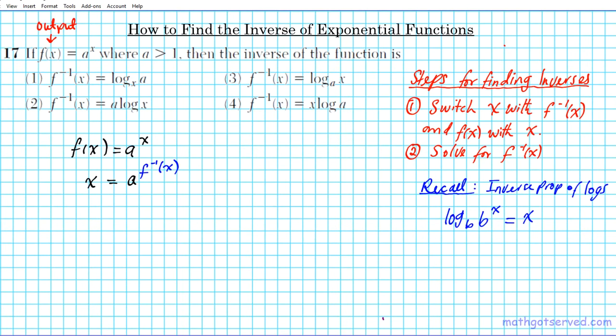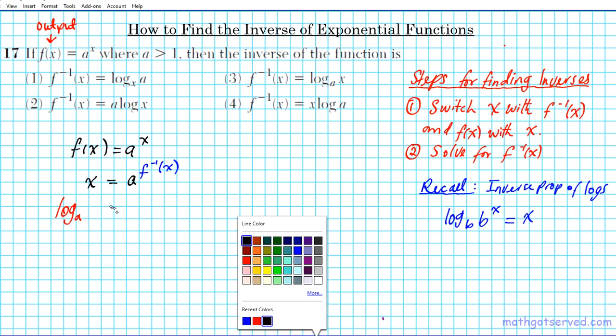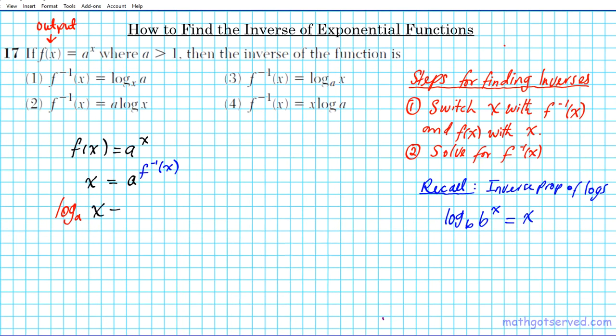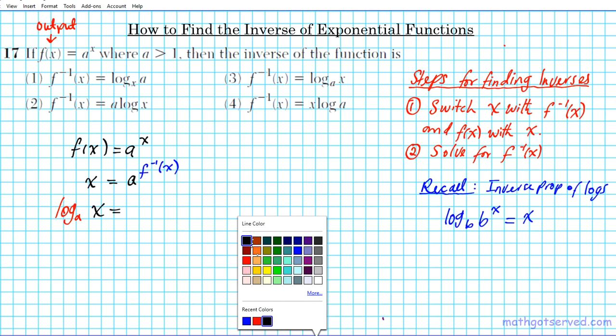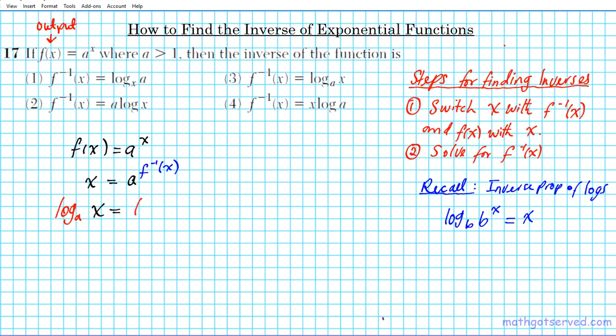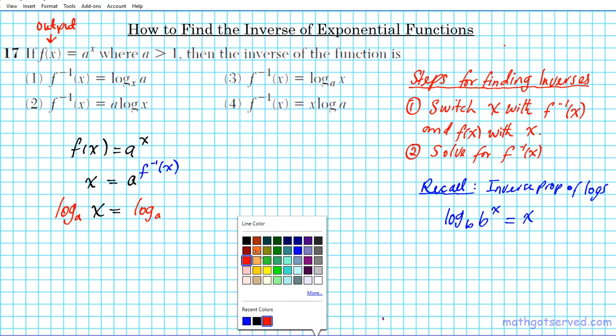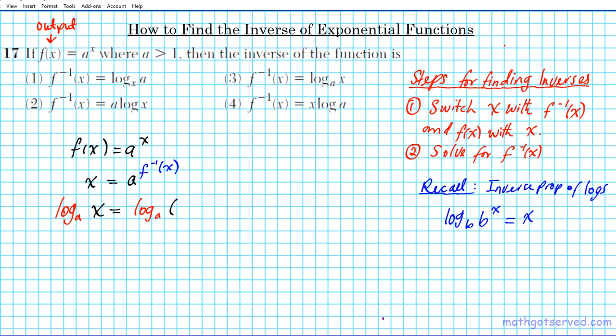The inverse of exponent base a is log base a. So what we're going to do is take the log base a of both sides of the equation. So log base a of x is equal to log base a of, what? Log base a of a to the f inverse of x.